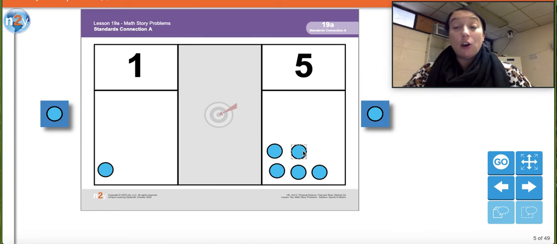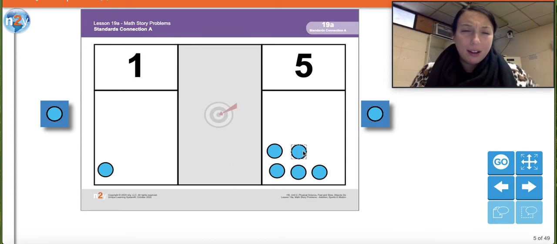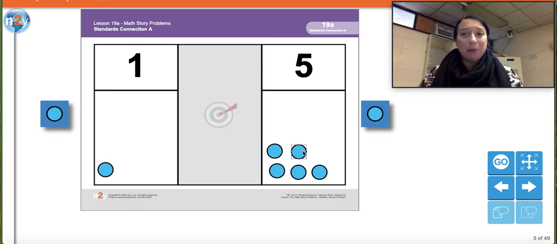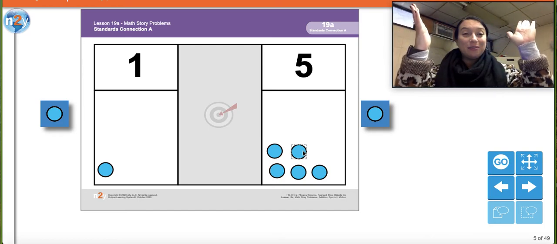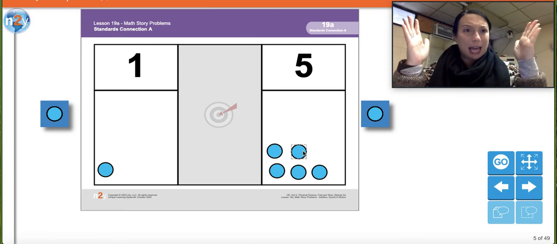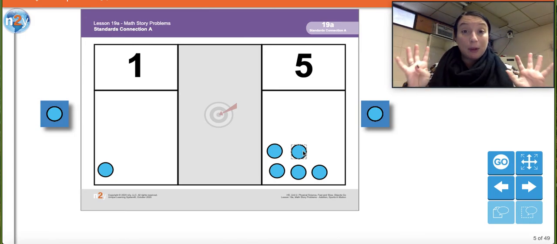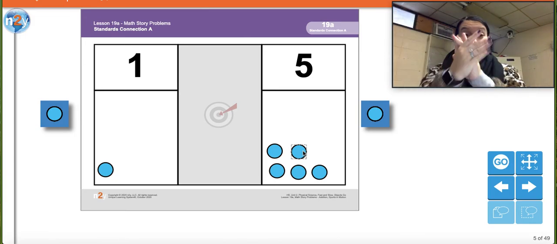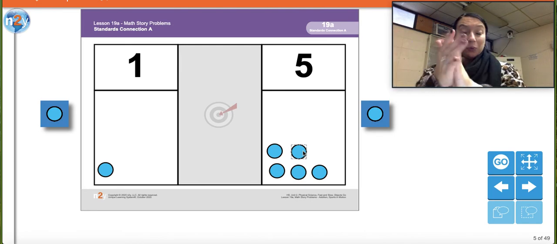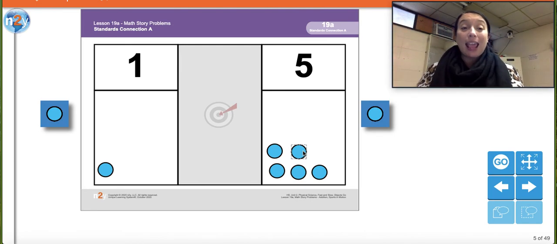So let's clap out the number 1. See, one solo hit, or one solo slap. Let's clap out the number 5. 1, 2, 3, 4, and 5.